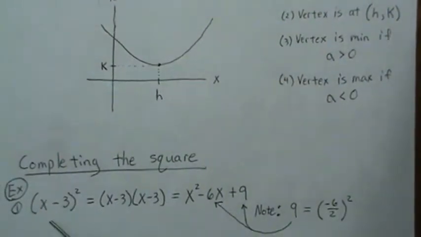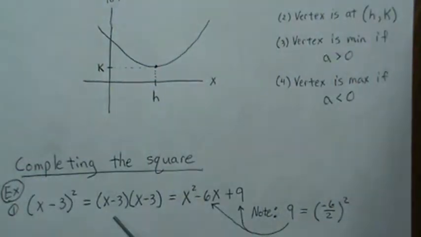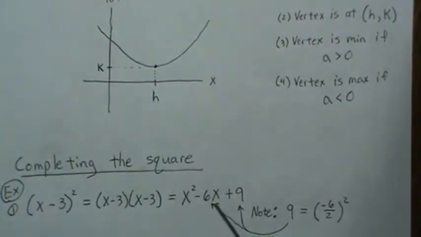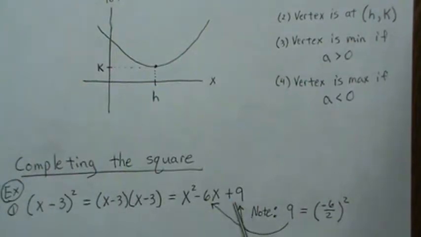So if we have x minus 3 squared, that's the same as x minus 3 times x minus 3. And then if you were to use the FOIL method for this, you'd get x squared minus 6x plus 9. Okay? And one note is that 9 is actually minus 6 divided by 2, squared.